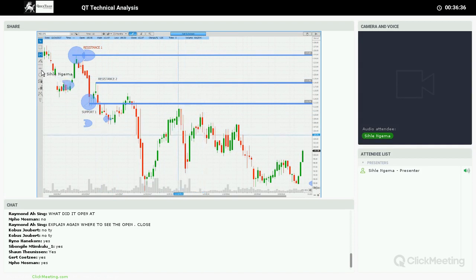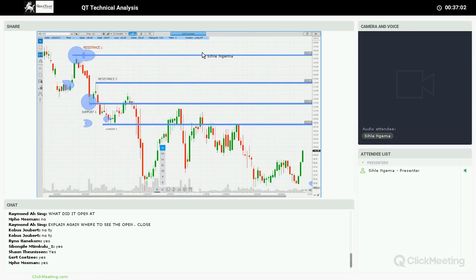Now let's look at where our support 2 is going to be. Now our share came to these lows here of 107 rand and 60 cents. That particular line there, I'm going to identify as my support 2. This is my support 2.